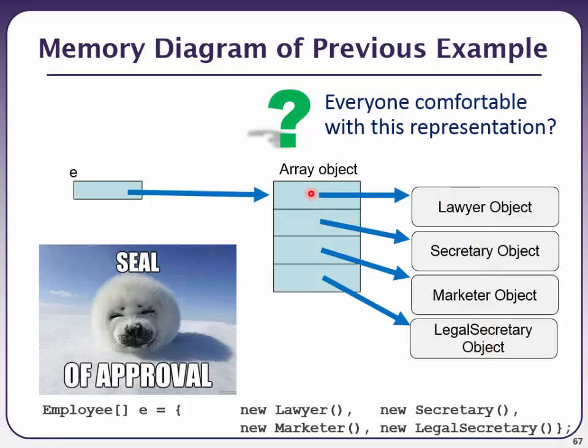So in this case, the first reference we have actually stored in the array is a reference to a lawyer object, which is okay by polymorphism. The second one is a reference to a secretary object, again okay because of polymorphism. Then a marketer object, then a legal secretary object, again okay because of polymorphism.